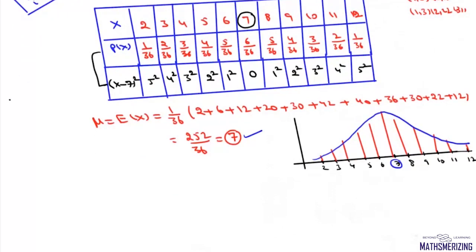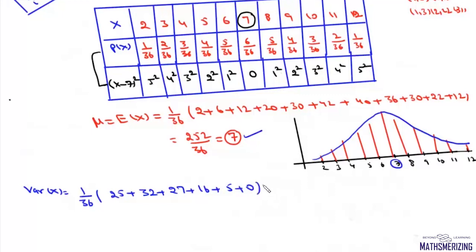Now in this case, variance of x will be, now again we'll take 1 by 36 common, and here this is 5 square into 1, 4 square into 2, 3 square into 3, 4 into 4, 5 into 1, plus 0, and again this is 1 into 5, 4 into 4, 9 into 3 and 5 square into 1.